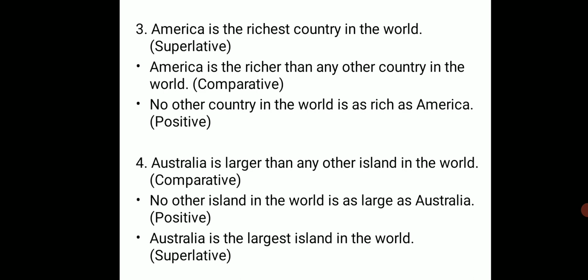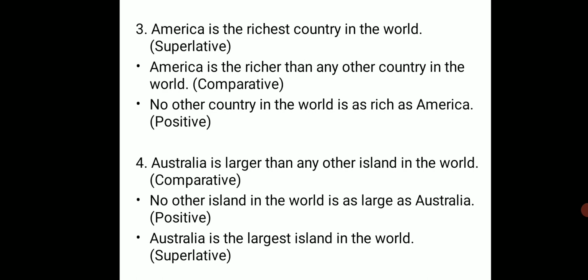Now to make it positive, this is another key that I have told you already in the case of the third example: no other country. In the same way here, no other island, Australia is an island here, therefore no other island in the world is as large as Australia. Fine.